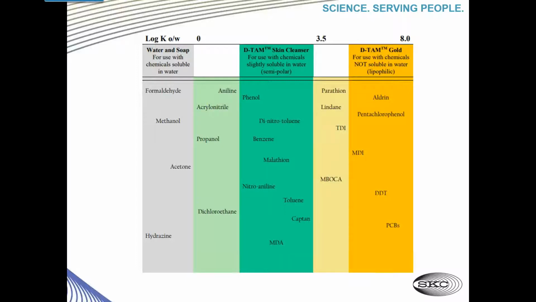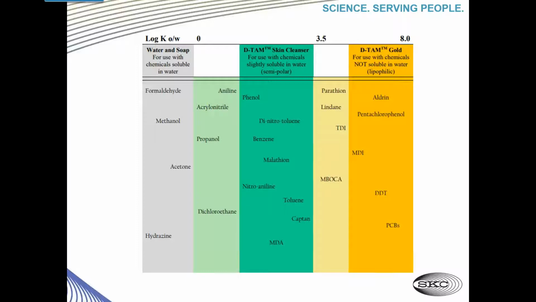This is good to identify what to use when an employee has had skin contact with a certain chemical. For those chemicals that have a log KOW from 0 to 2.5, soap and water will be sufficient. For those chemicals that have a range from like 3 to 3.5, soap and water will not be efficient. DTAM Skin Cleanser will work on those. For those chemicals that have a 3.5 or higher, they need a stronger DTAM, which is the DTAM Gold.